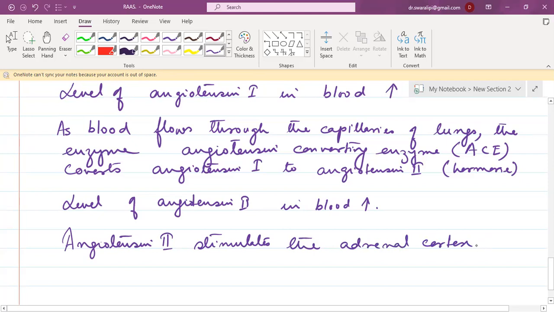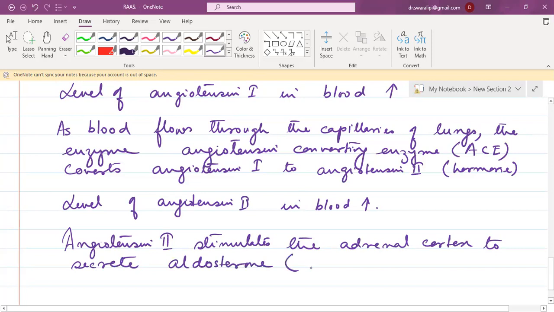Now when the adrenal cortex is stimulated, it is an endocrine gland. You agree? So the adrenal cortex will secrete what? The hormone mineralocorticoids, and the major mineralocorticoid is known as aldosterone. So when the adrenal cortex is stimulated, it will secrete aldosterone.